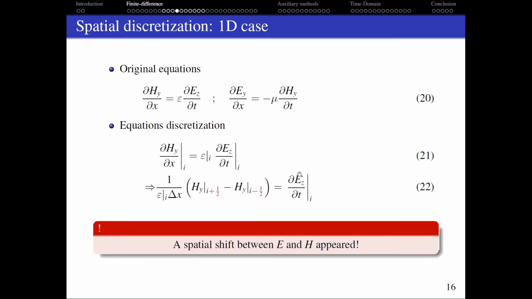So the E field in this case is going to be evaluated at integer locations, and the H field is going to be evaluated at integer plus or minus 1/2. So the fields are not at the same location any longer.